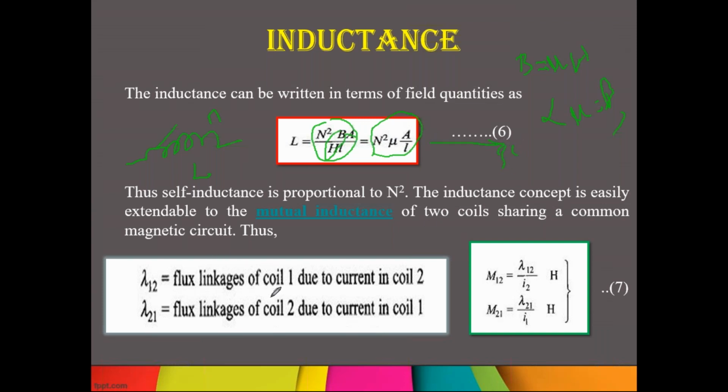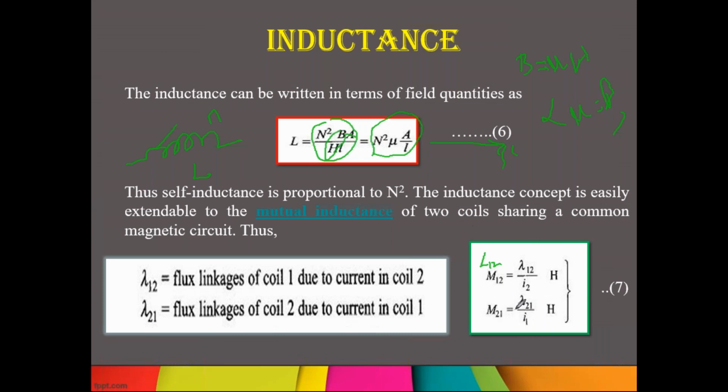Now, this is about self-inductance. If you want to find the mutual inductance, the equation should be like this. Just now I explained that the inductance of coil 1 and 2 is given by the flux linkage lambda 12 divided by the current in coil 2. If you want to find the flux linkage between 2 and 1, it is due to the current in coil 1.